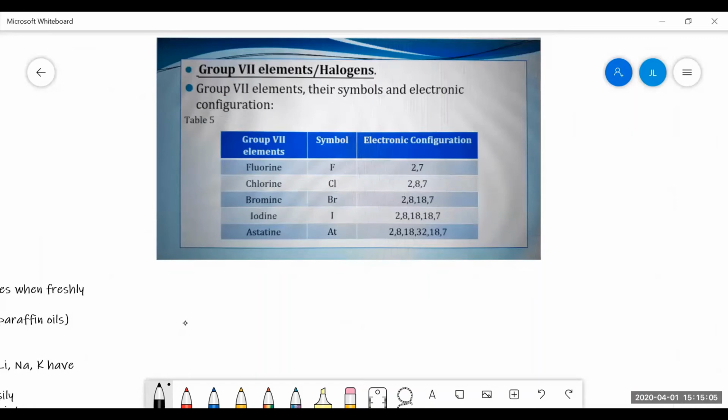They are metals or non-metals? Non-metals. Are they reactive? Yes.